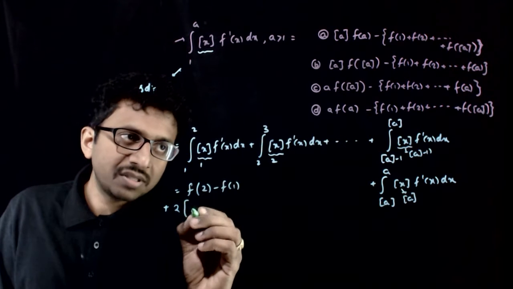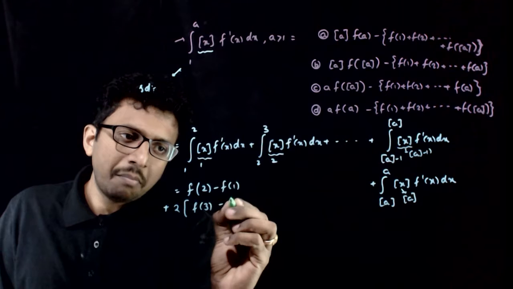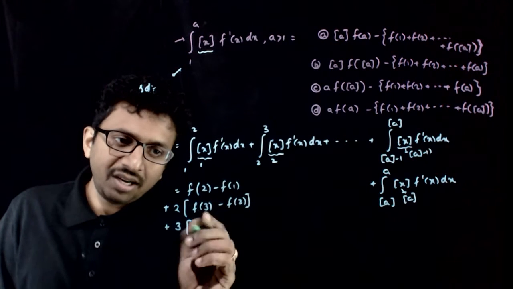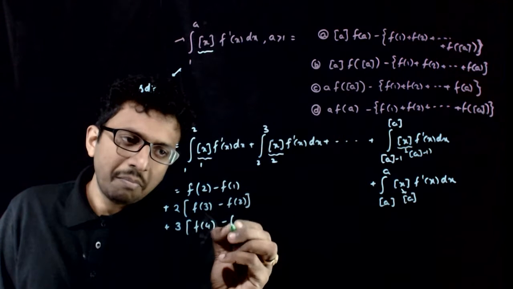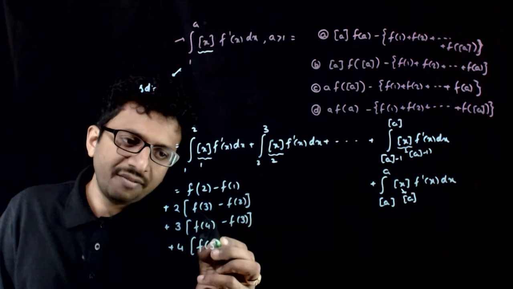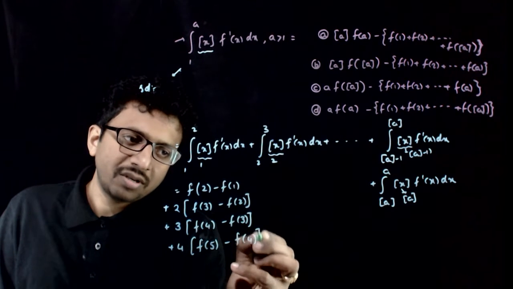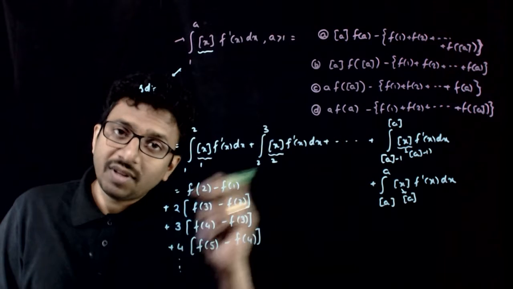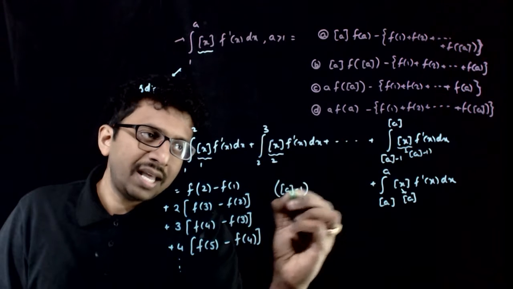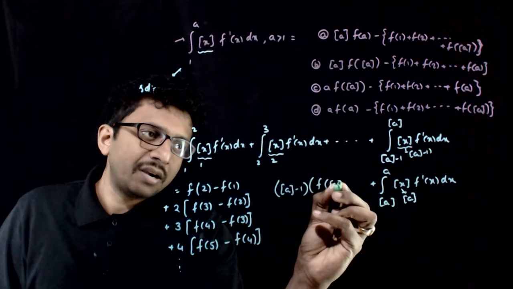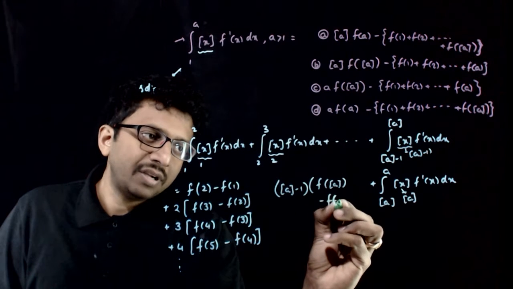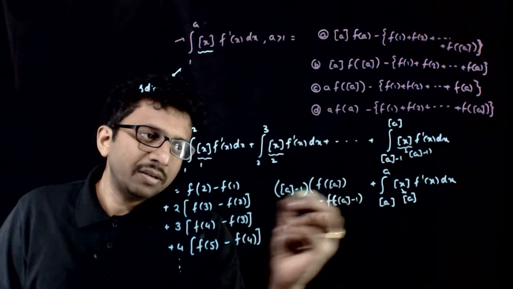So 2 times f of 3 minus f of 2, plus 3 times f of 4 minus f of 3, plus 4 times f of 5 minus f of 4, and this pattern continues up to where you get integer part of a minus 1 times f of integer part of a minus f of integer part of a minus 1.